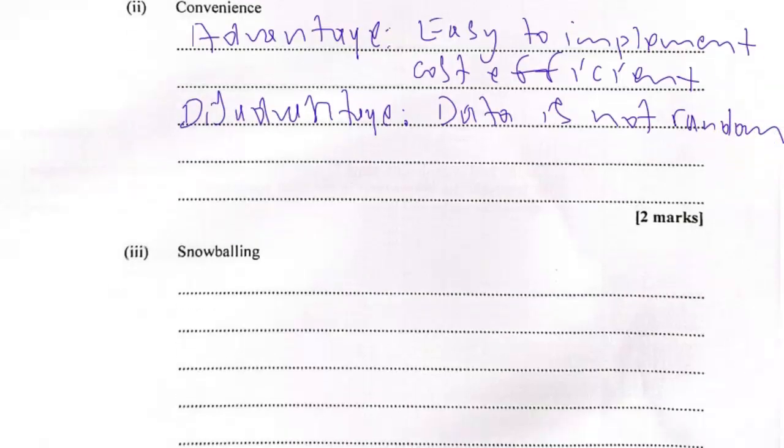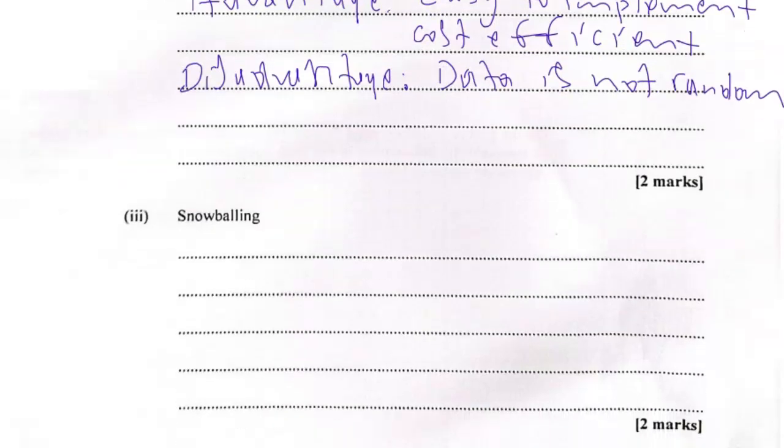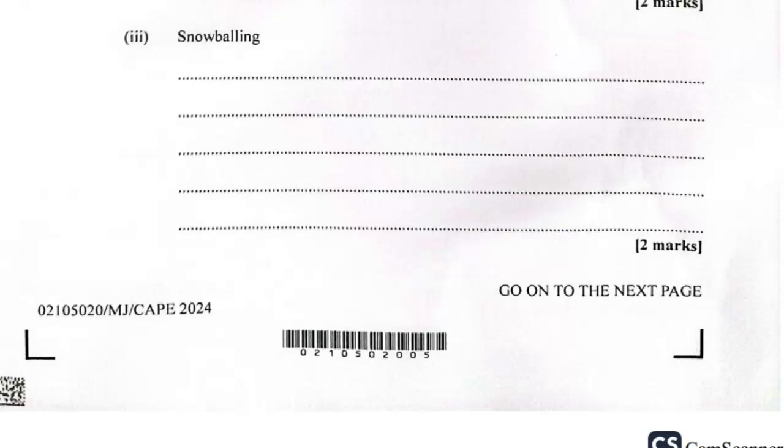Snowballing. So snowballing is when you ask your participants to identify other participants that could be surveyed and included in your sample.